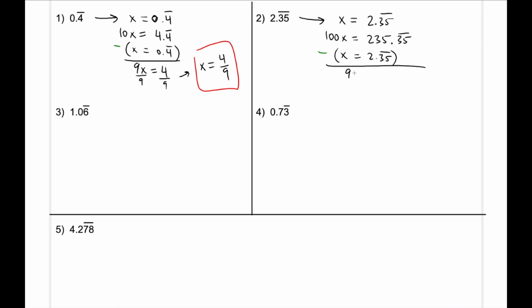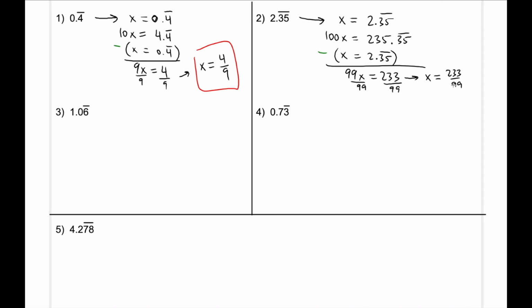And if you do this, you're going to get 99x is equal to, and notice again the 0.35 repeated is successfully canceled out, right? It basically turns into 0. And all we're doing is subtracting 235 minus 2, which is going to be 233. So as a result, dividing both sides by 99, you will get x equal to 233 over 99.